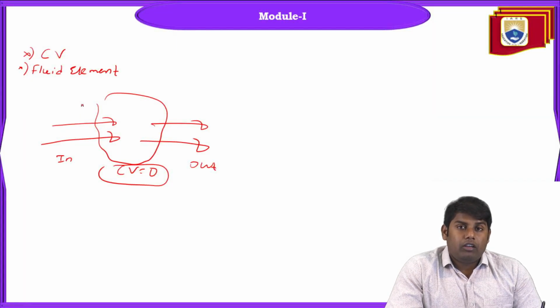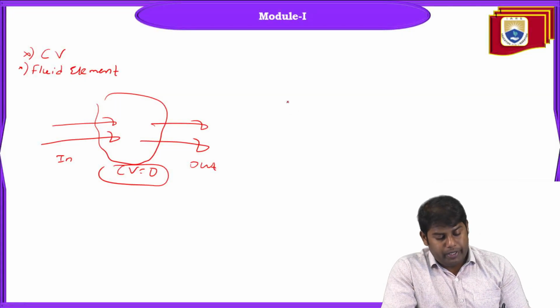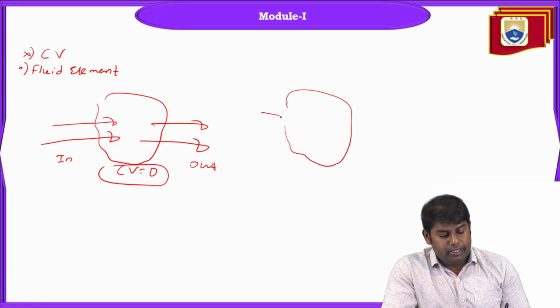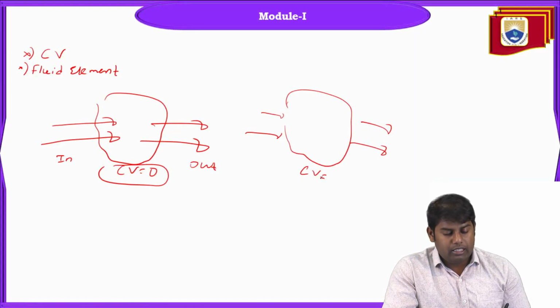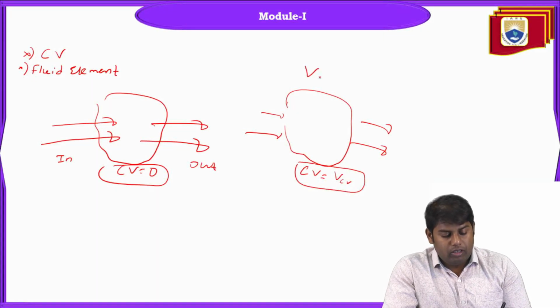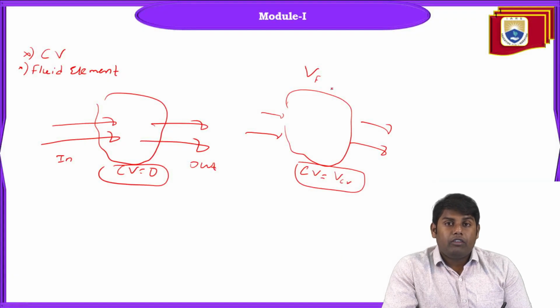When you take the control volume moving with respect to space, let's say it is moving with the flow, the CV has some velocity VCV, and this is the velocity of the fluid. The relative velocity between the control volume and the fluid has to be taken when you derive the governing equations. That is the difference.